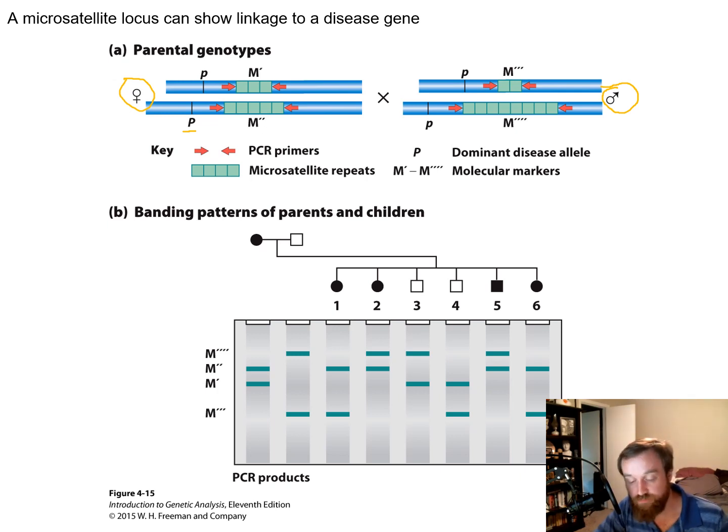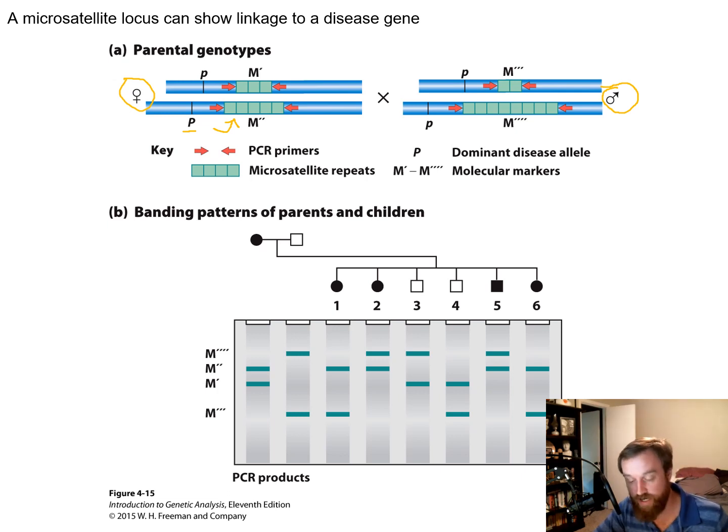So when we see an individual that has 5 copies of this molecular marker, this microsatellite copy number variant, we can assume that they have also inherited this disease-causing dominant allele.